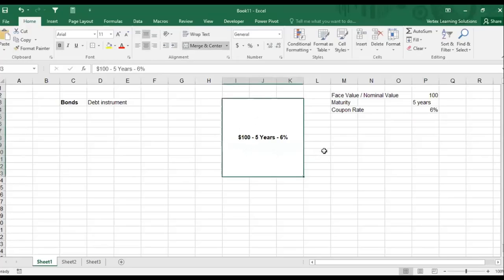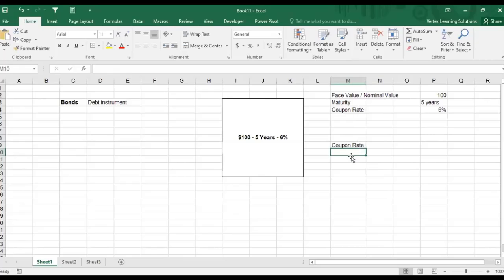Now this bond always has a coupon rate, which is 6%. And the market value of this bond and the face value is $100.